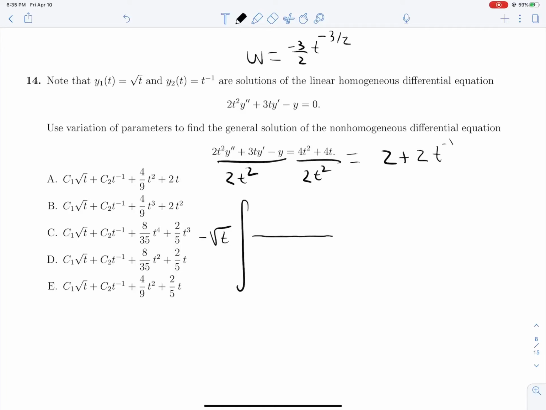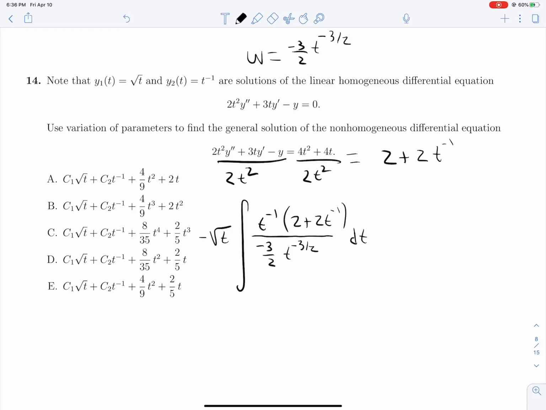The Wronskian is there. Negative 3 over 2 t to the -3/2, and then up top we will have y2, which is t to the -1 multiplied by 2 plus 2t to the -1 dt.